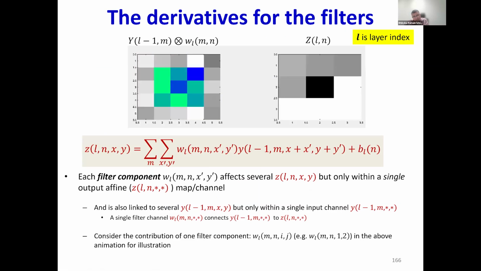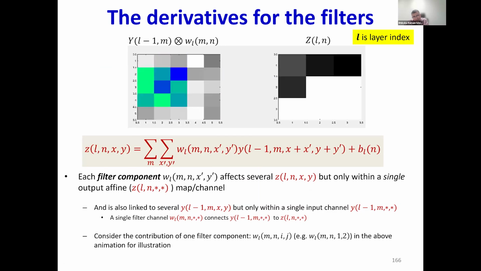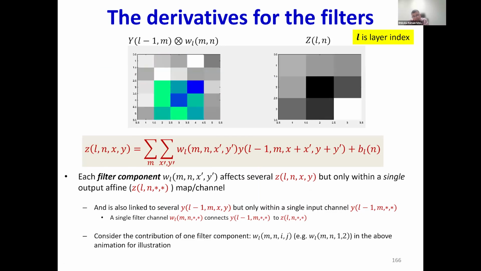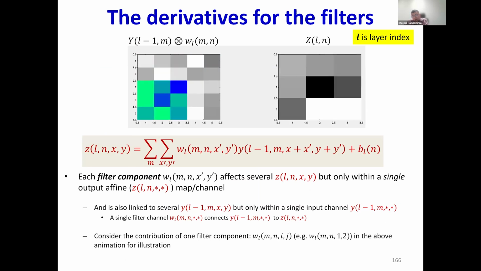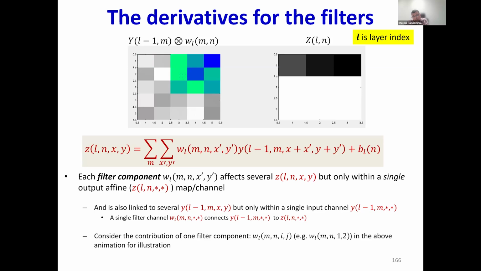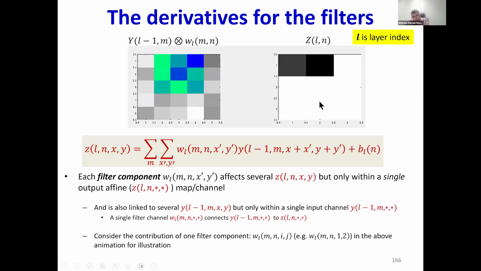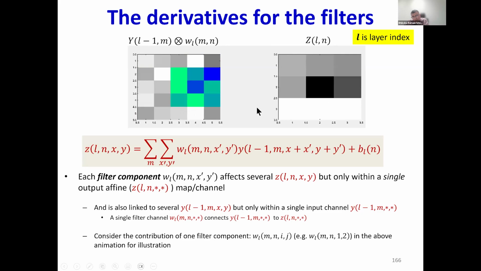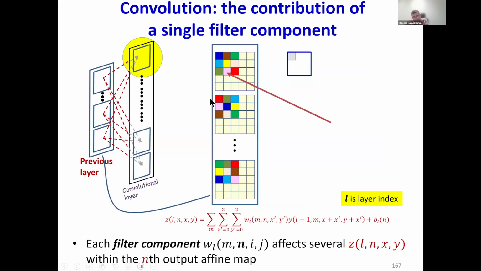This is really a horrible animation thanks to whatever software I used to generate it. But the point is, you can see that every single filter element is used in the computation of every output element, right? So this means that to compute the derivative of the divergence with respect to any filter element, I must sum over all of the output elements. Exactly what will I sum?